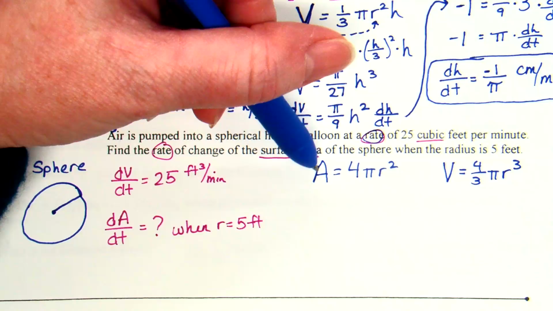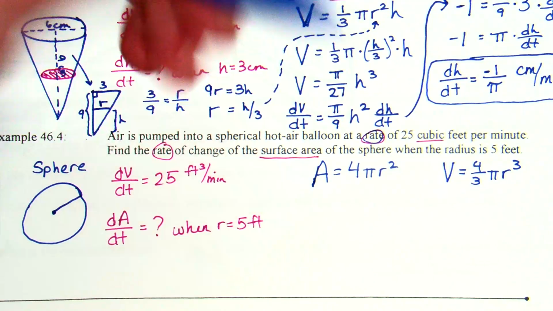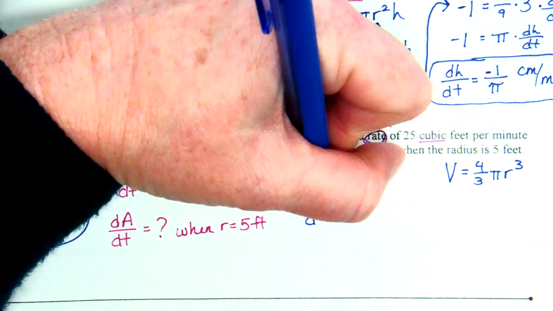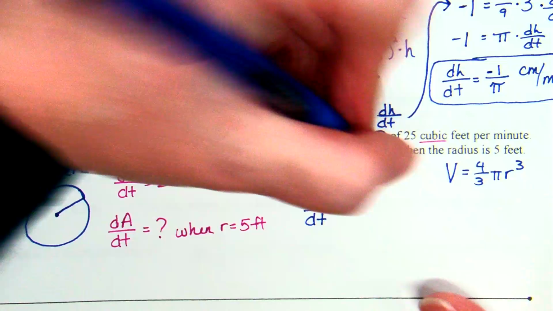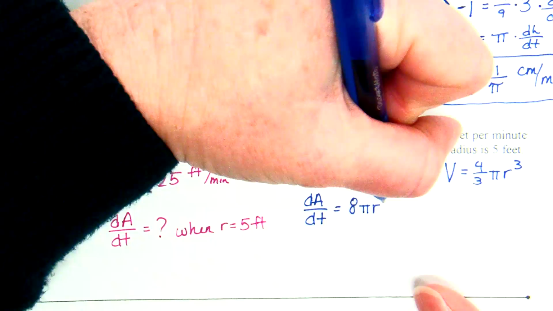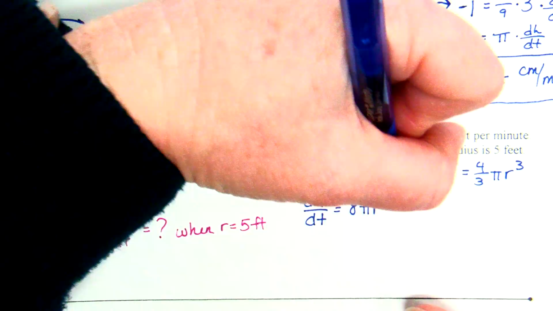Derivative of A is dA/dt. And then derivative of 4 pi r squared is 8 pi r, and then what do you tack on at the end? dr/dt.